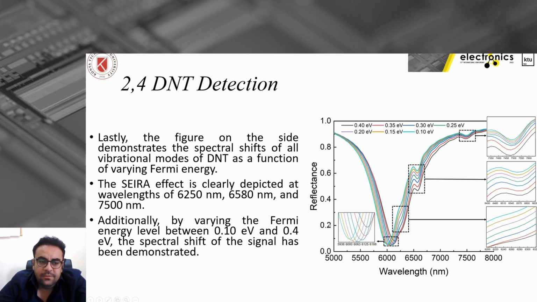Additionally, by varying the Fermi energy level between 0.1 electron volt and 0.4 electron volt, the spectral shift of the signal has been demonstrated in the small picture.